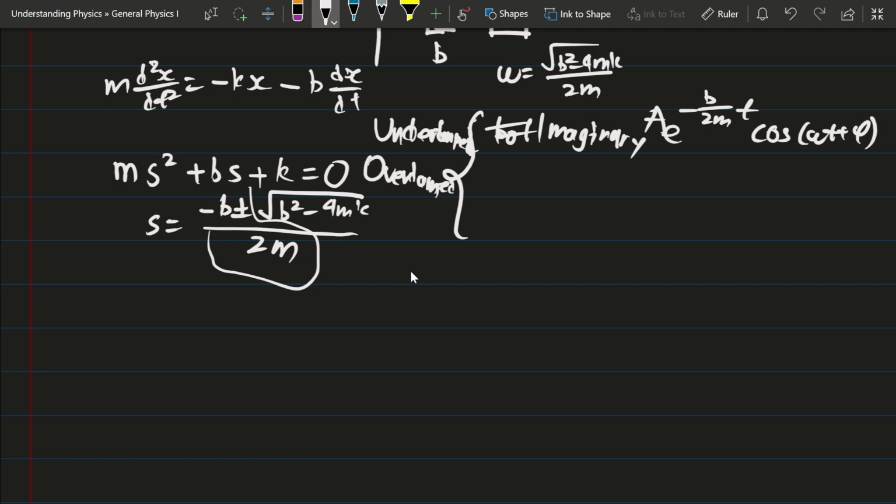For an overdamped solution, it means that the solutions are both real and distinct.